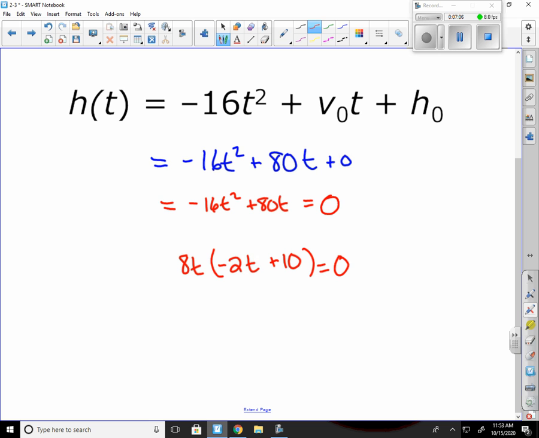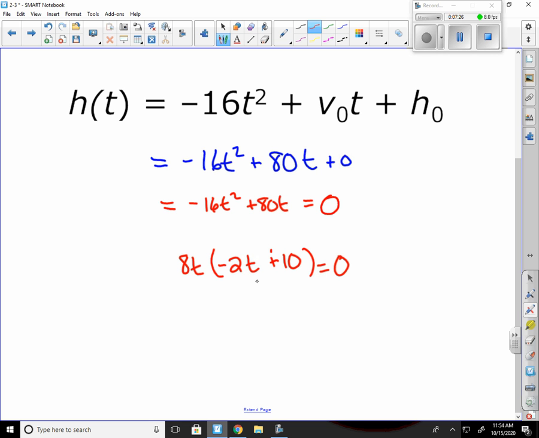Anybody see a problem here? When I look at this now, what I see is the fact that I still have a 2 and a 10. That means that I could have divided both of these by 16 because they still have a common factor inside of here.